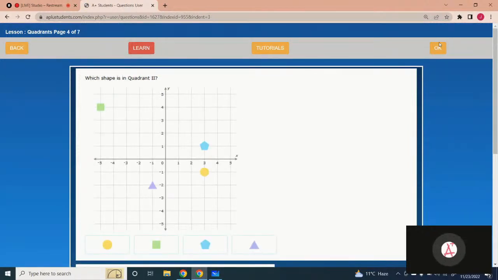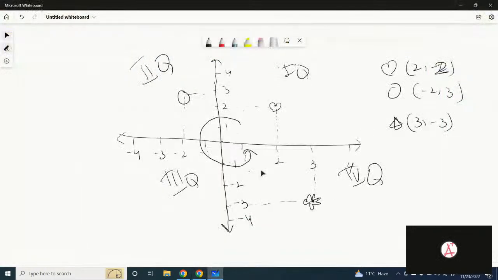Okay, now which shape is in quadrant 2? Counterclockwise means opposite to clock. Like if you just look at the clock, the rotation in the clock is like this. For example, here is the clock 1, then 3, then 6, then 9.